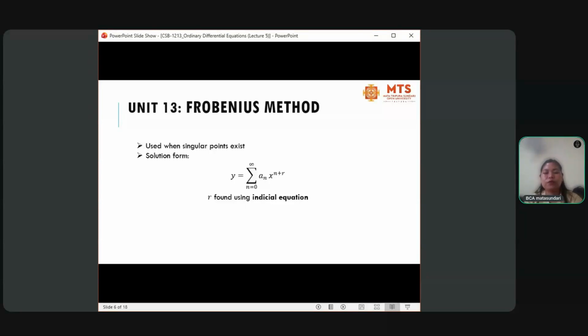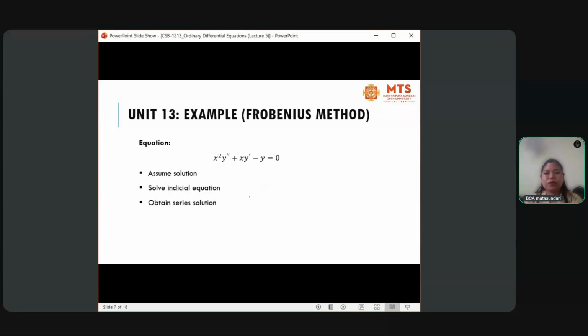So r is found using the indicial equation. Example for the Frobenius method: x squared y double dash plus x y dash minus y equal to 0. Here, what we have to do is assume a solution, solve the indicial equation, then obtain the series solution. Then that will be our final solution. Please solve this at home.